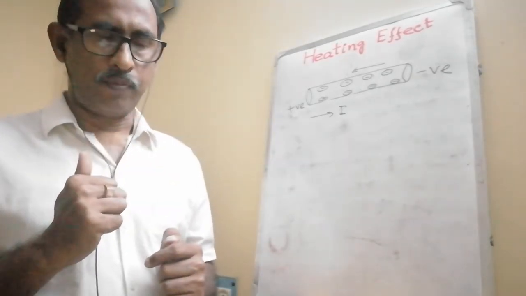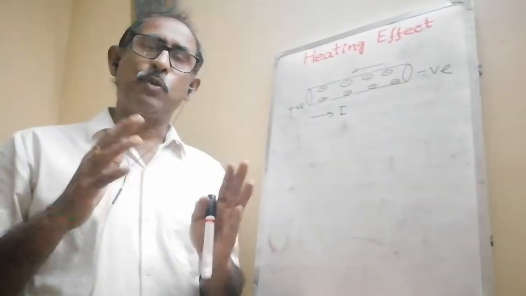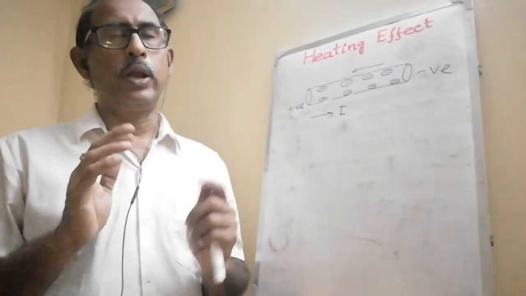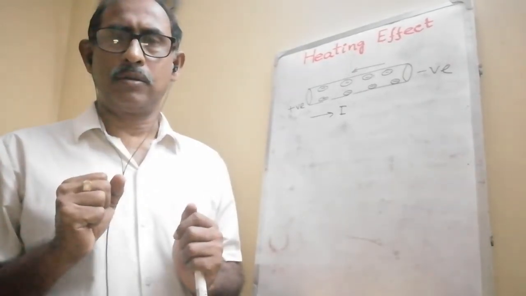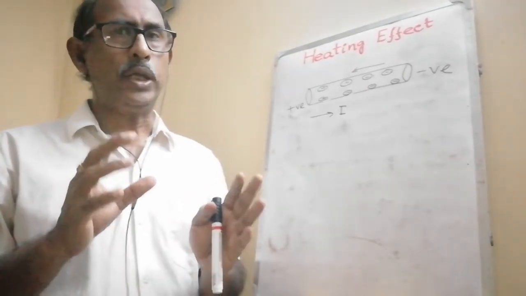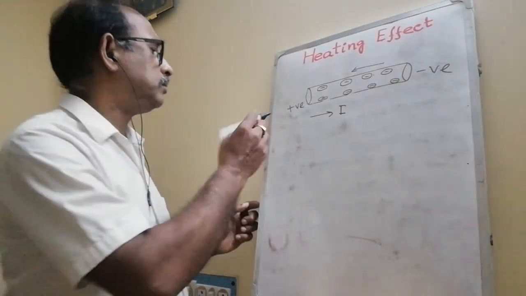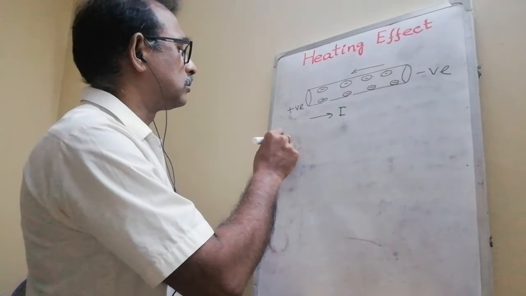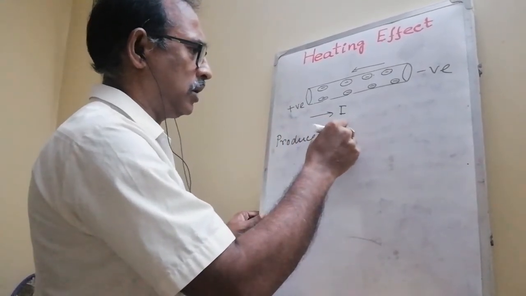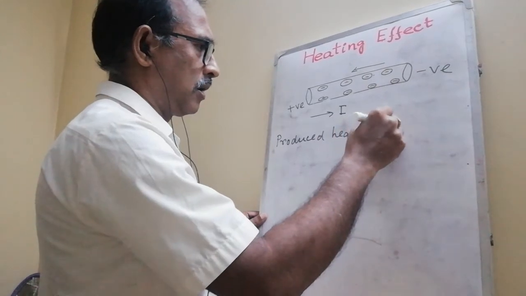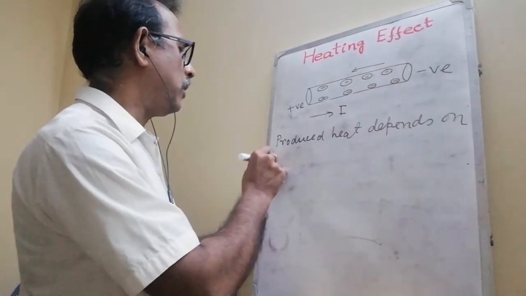Now the question is, heat is produced in the conductor, but on which factors does the produced heat depend? The produced heat depends on three factors.